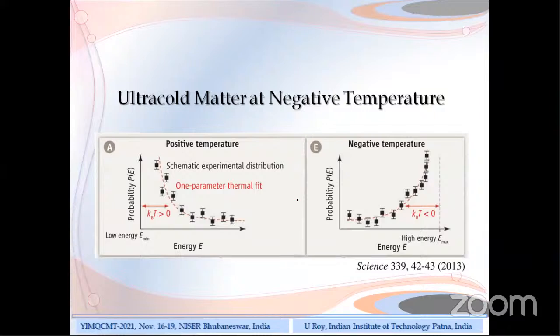But this was never achieved before because getting the higher bound of energy is very difficult in experiment. Theoretically, it was known, but experimentally, it was only in 2013 that it was observed that if you increase the energy, the number of atoms is increasing in the higher energy levels.